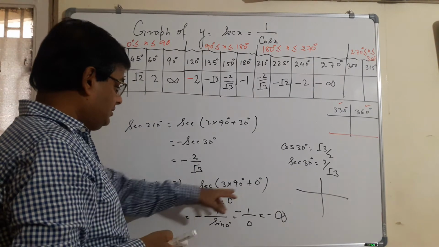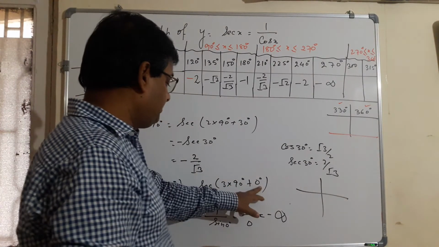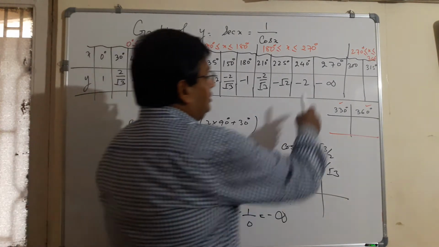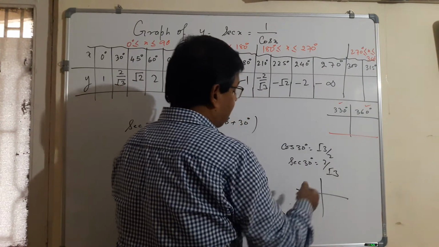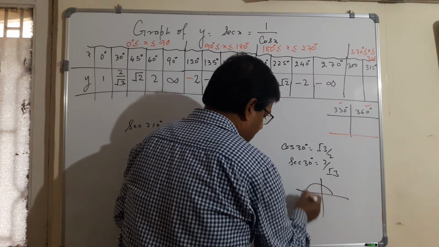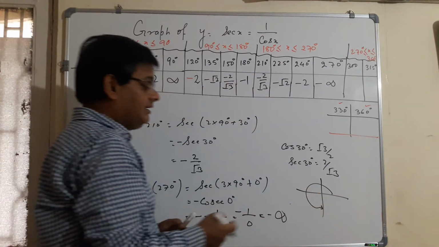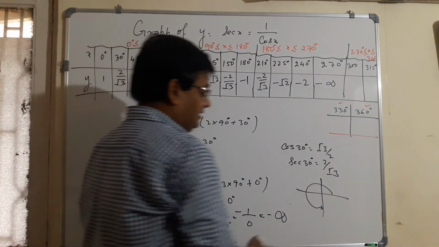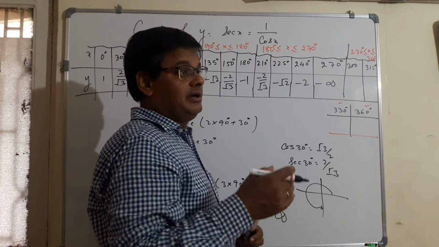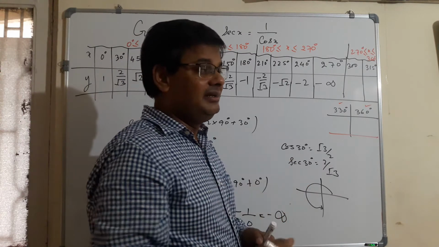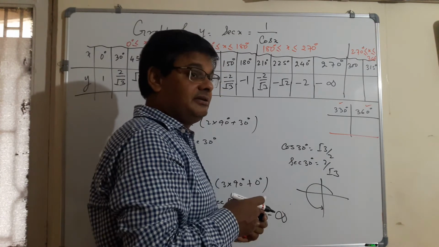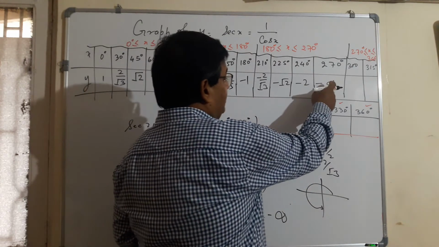See here, 3 into 90 plus 0 degree, sec changes into cosec 0 degree. If you take a neighborhood of 270 from the left hand side, suppose 269.9, not approximately 270 but slightly less than 270, like 269.999, it means near about 270 from the left hand side. So it becomes minus infinity.